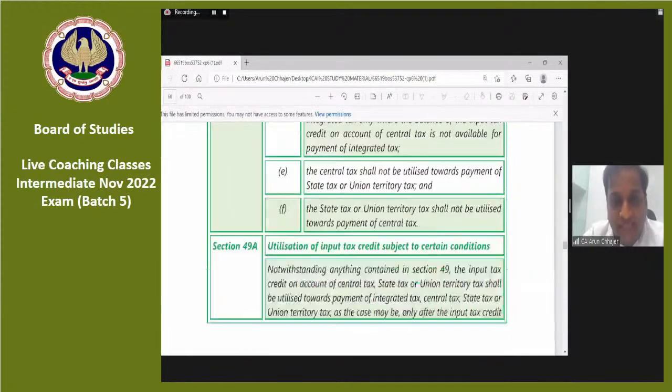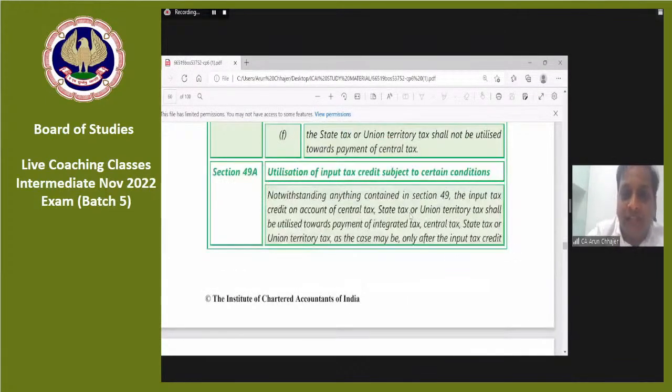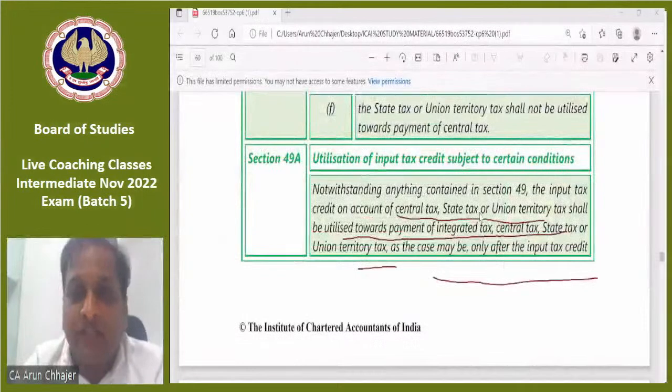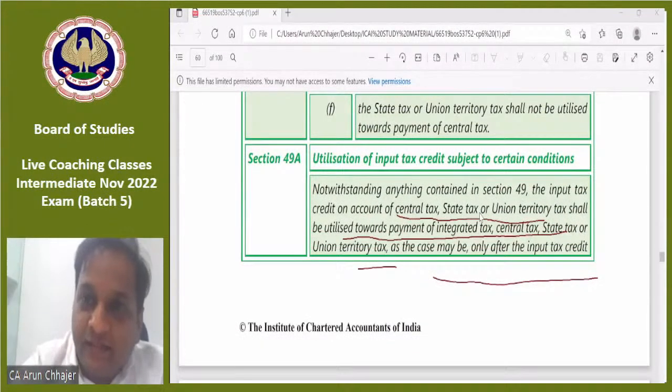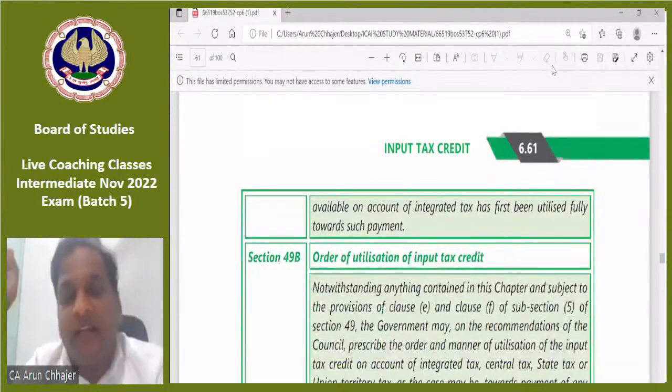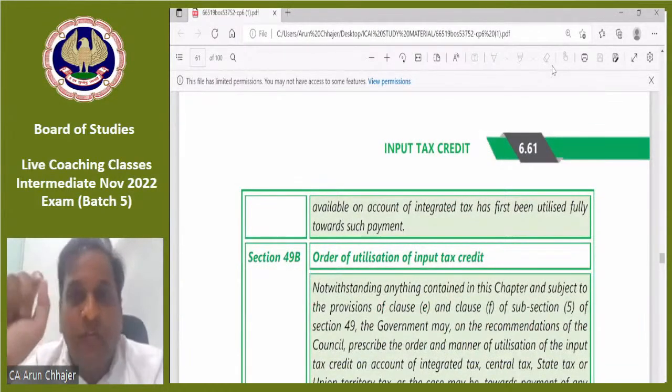See, 49A is saying that CSU shall be utilized for the payment of I, C, S or U, as the case may be, only after ITC available in I has been fully exhausted.